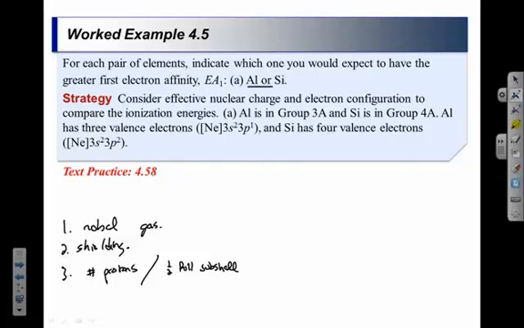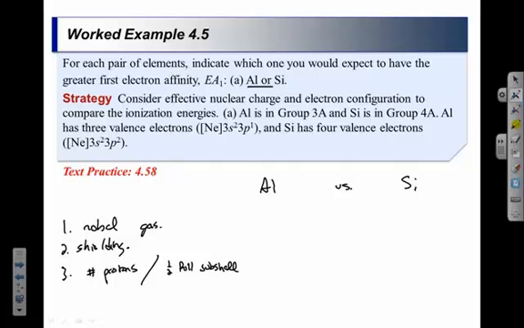So if we're looking at aluminum versus silicon, first thing we look for is the noble gas. If I'm looking at aluminum and silicon on the periodic table, can I make an argument about their electron affinities based on a noble gas configuration?